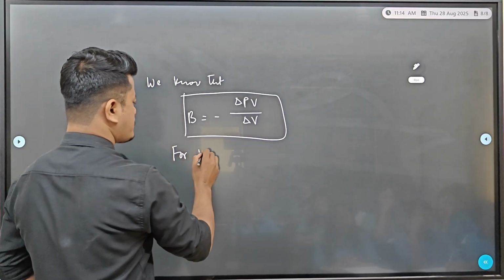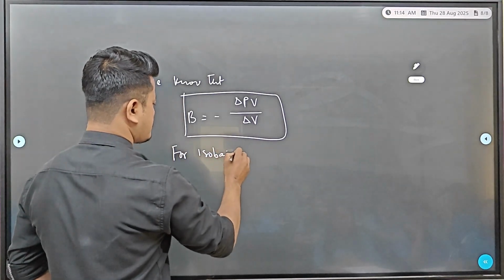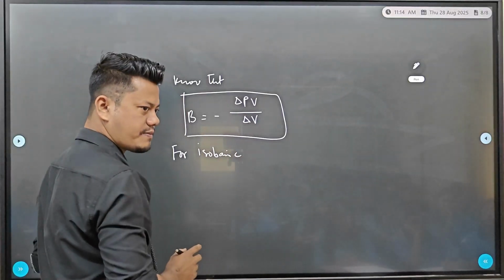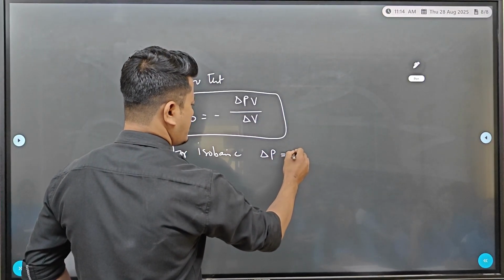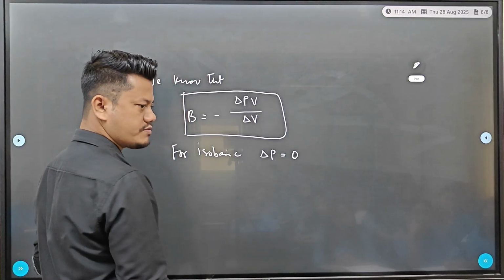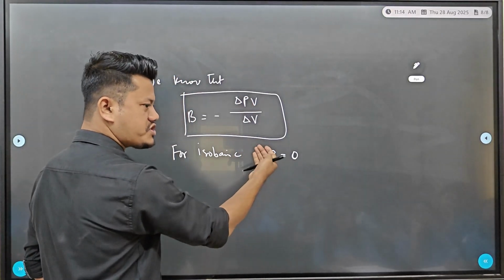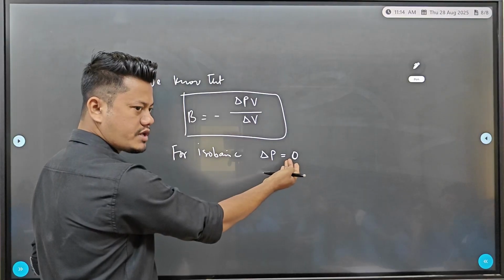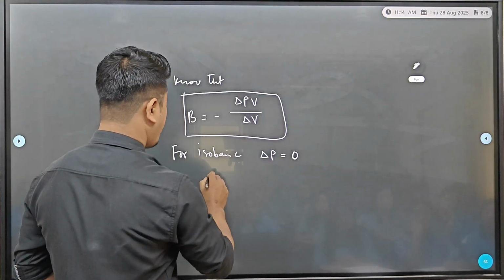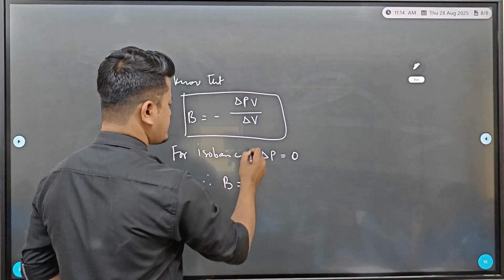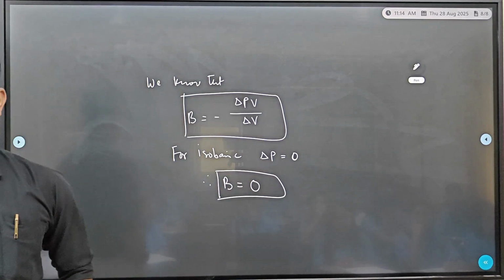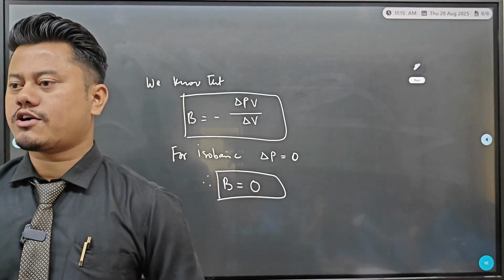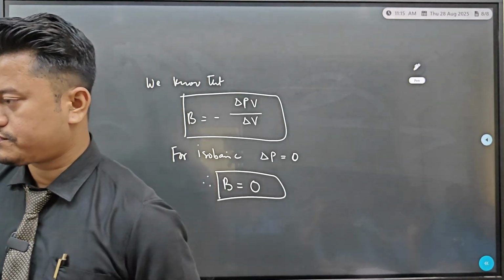For an isobaric process, is there any change in pressure? Pressure is constant. It means change in pressure needs to be 0. Therefore, your bulk modulus can be written as 0. Are you getting my point? So what will be the modulus of elasticity under constant pressure? 0.